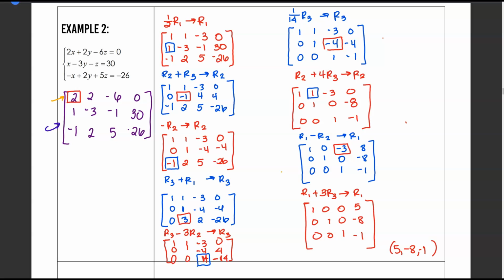I wanted to make sure I turned that into a 1, and I did that by multiplying by 1/2. Took that entire row, multiplied by 1/2, and I kept that change in row 1. Then I went from there to focusing on the leading coefficient in row 2. I want to turn that into a 0. And so I did that by adding row 2 plus row 3 and keeping that change in row 2.